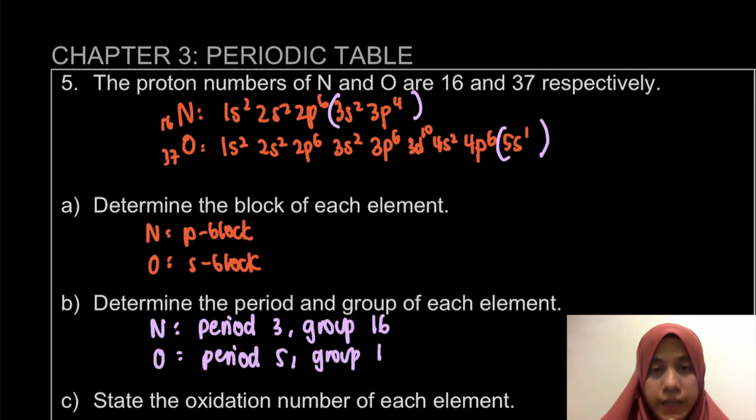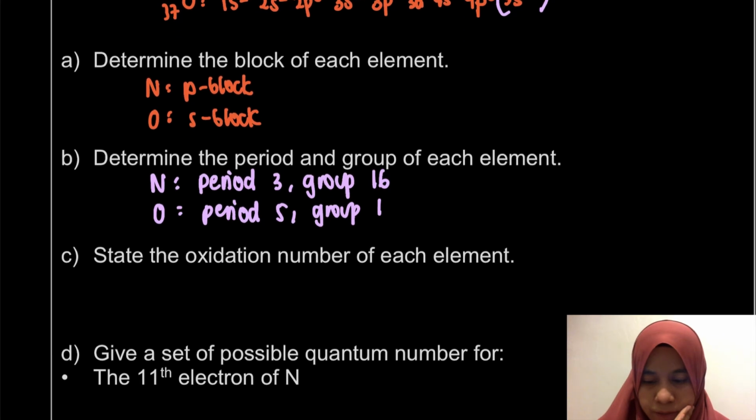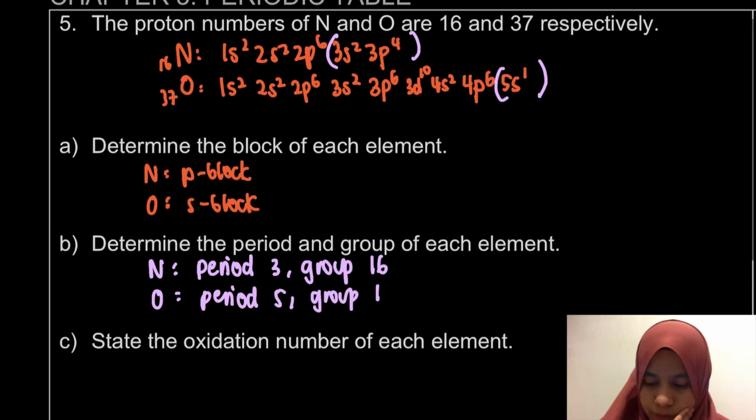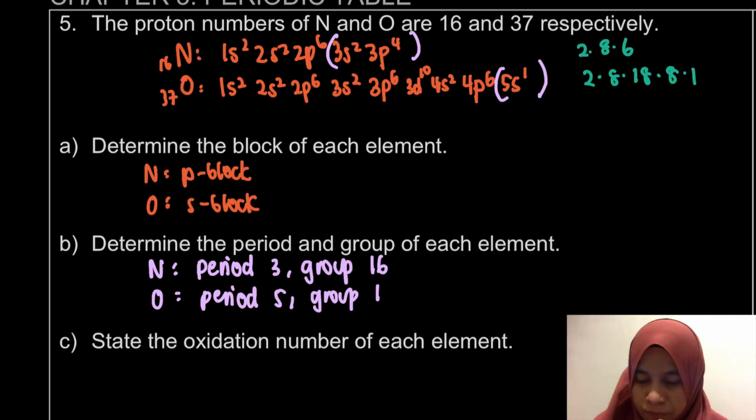Okay. Next, state the oxidation number. So, oxidation number ni, senang kalau ni sebut kat sini. I'm just going to write down. Here is 2.8.6. Here is 2.8.18.8.1. Gitu panjang. Okay.